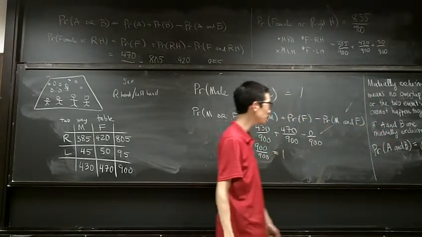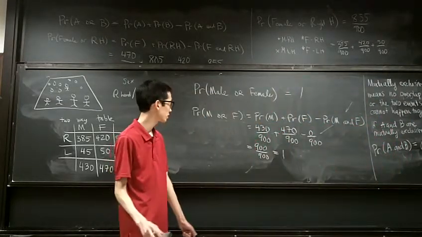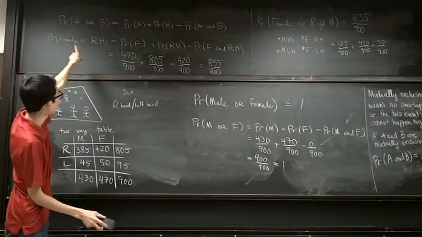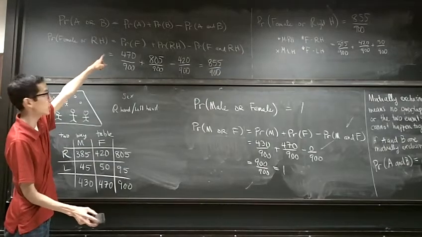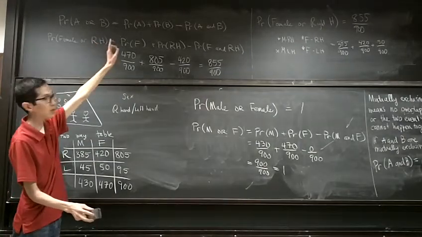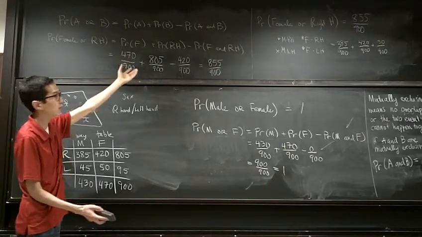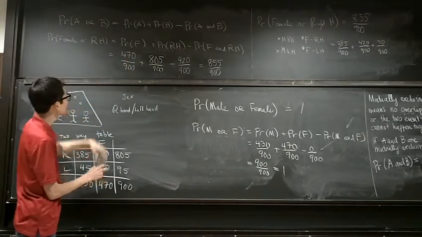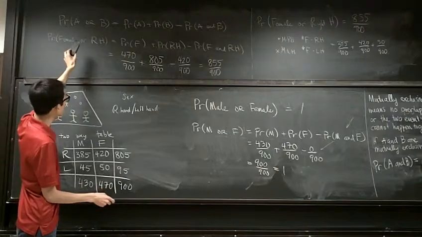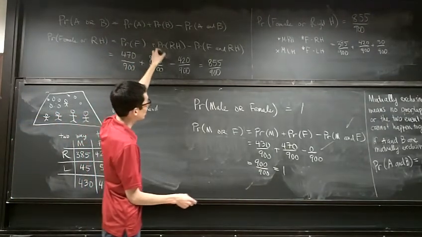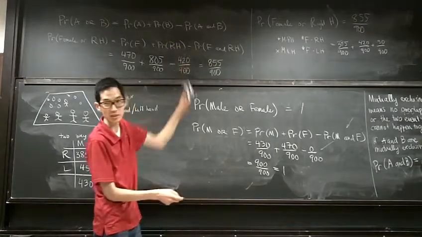And so when we do our A or B situation, it just becomes the probability of A plus the probability of B, because the A and B part is 0. So if we take the above equation, probability of A or B is equal to the probability of A plus the probability of B minus 0, so we can just leave that off.